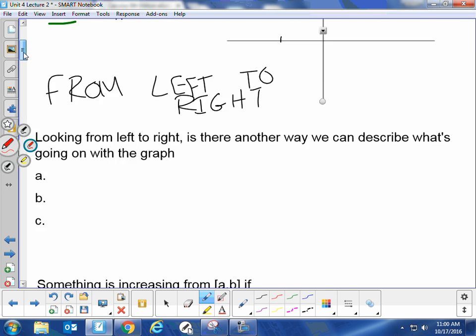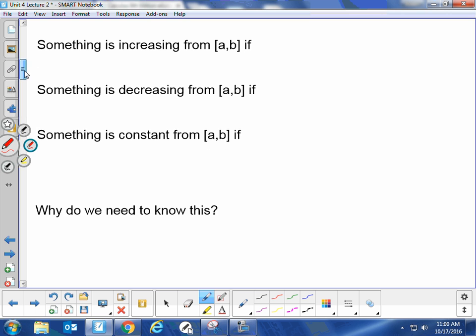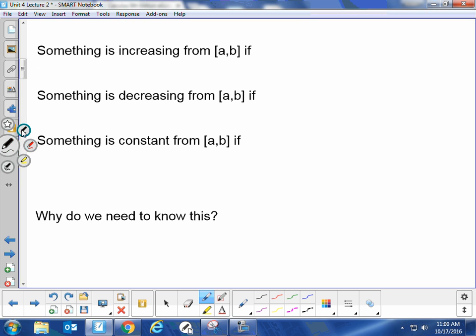Something, and it doesn't have to be f, something is increasing if its derivative is positive. It's very important. Something will be decreasing if its derivative is negative.